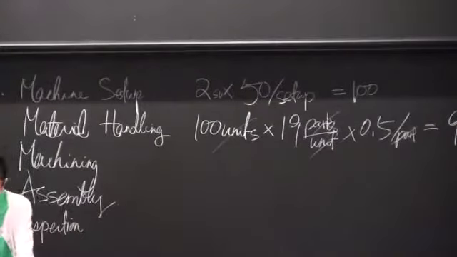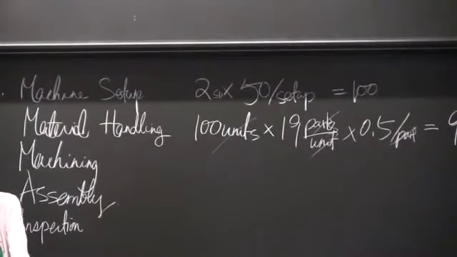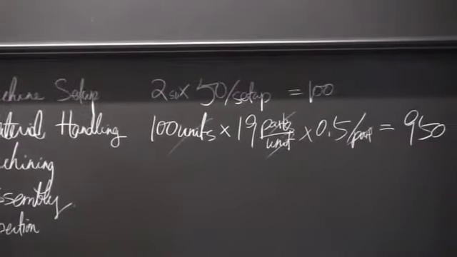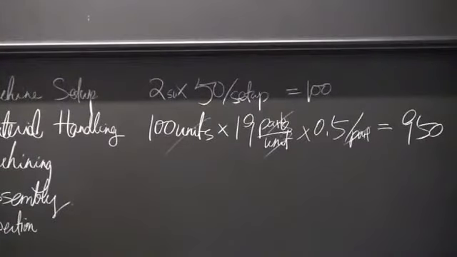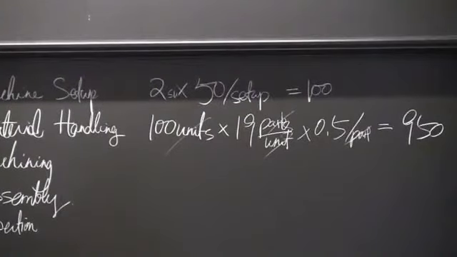The third one, cost driver machine hour. Cost allocation rate is $26. So how many machine hours did they use? They used 1.25 for each unit.